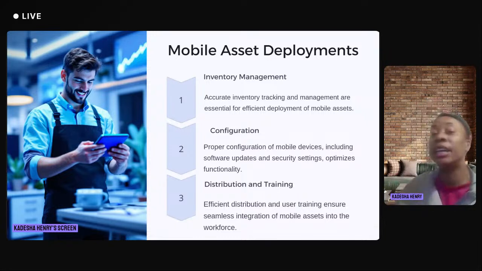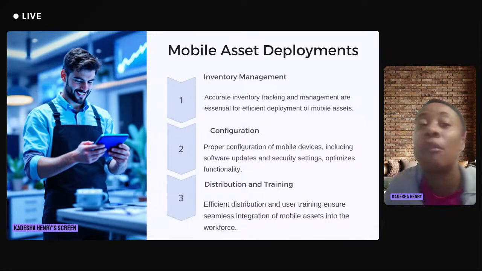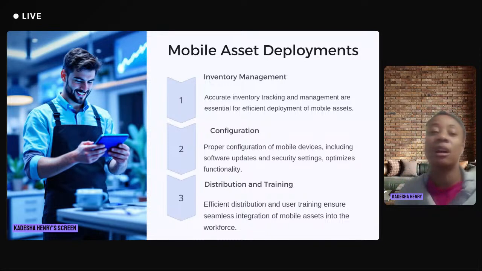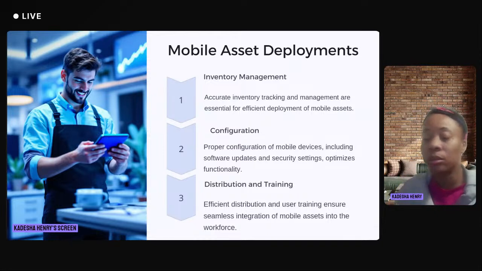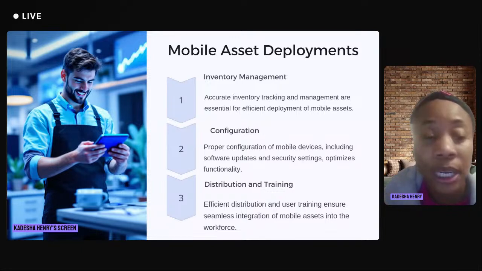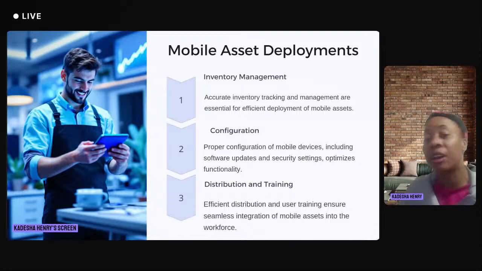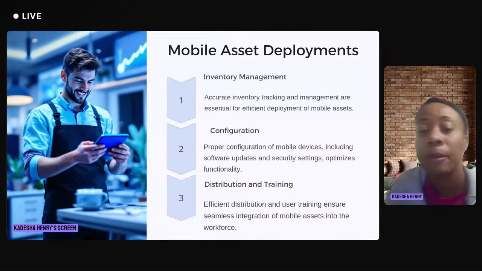Because they need it for the effectiveness of the business. And if some have and some don't have, what you're going to have is downtime, unavailability of equipment to the employee that is effective in carrying out their job function.